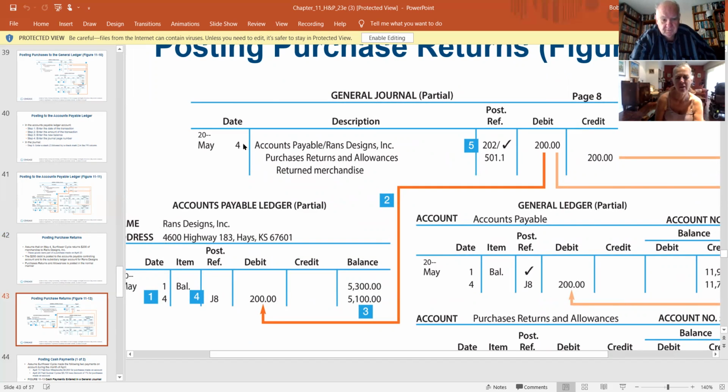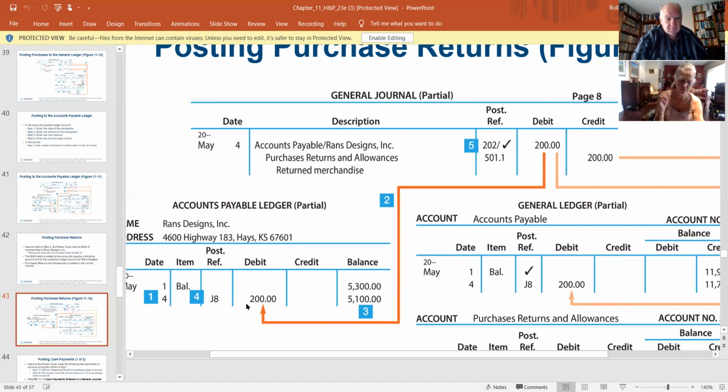So that $200 from Rand's Design is going to have to be recorded as a reduction in our debt to him. The contra account is called purchase returns and allowances. It's a contra cost account.